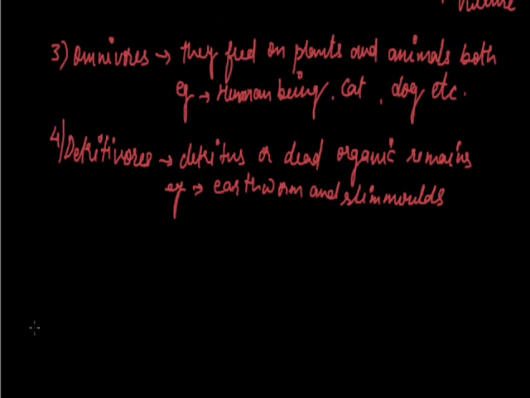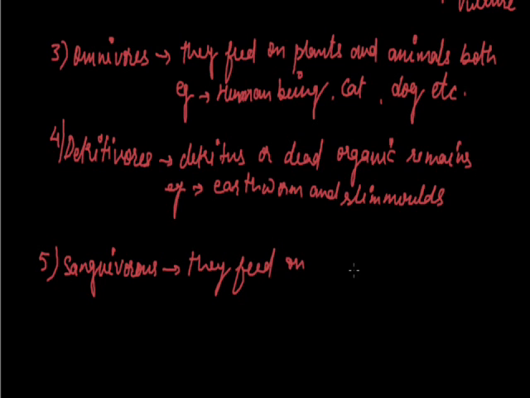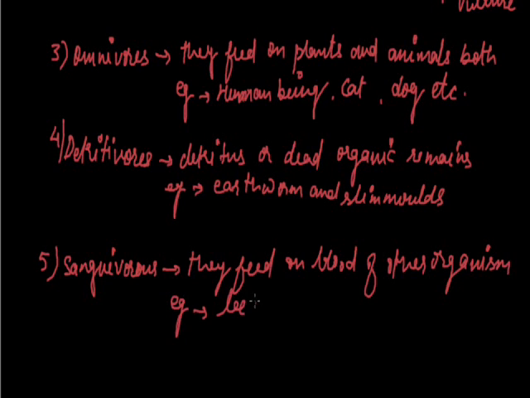Now, the fifth category of heterotrophs is sanguivores or sanguivorous. They feed on the blood of other organisms. Example: leech, female mosquito.